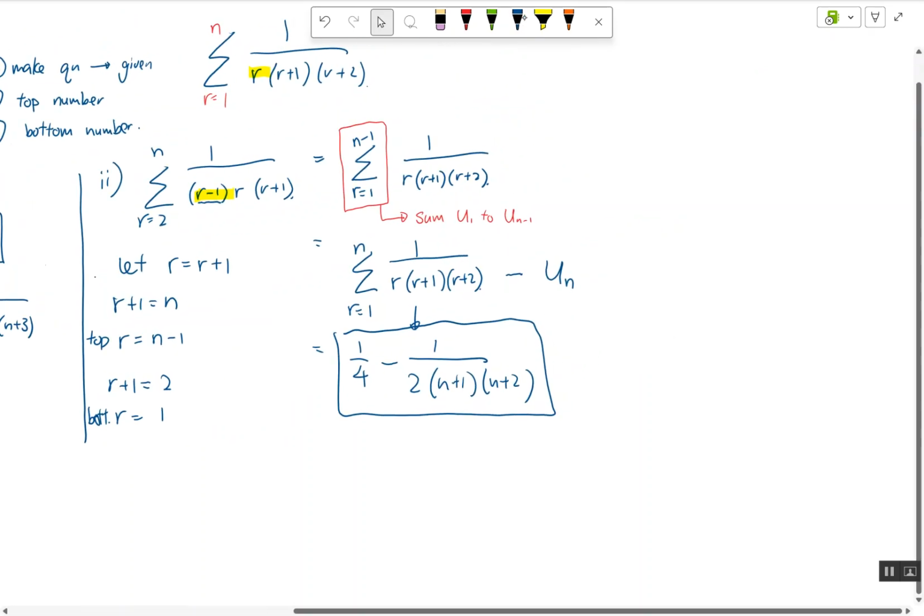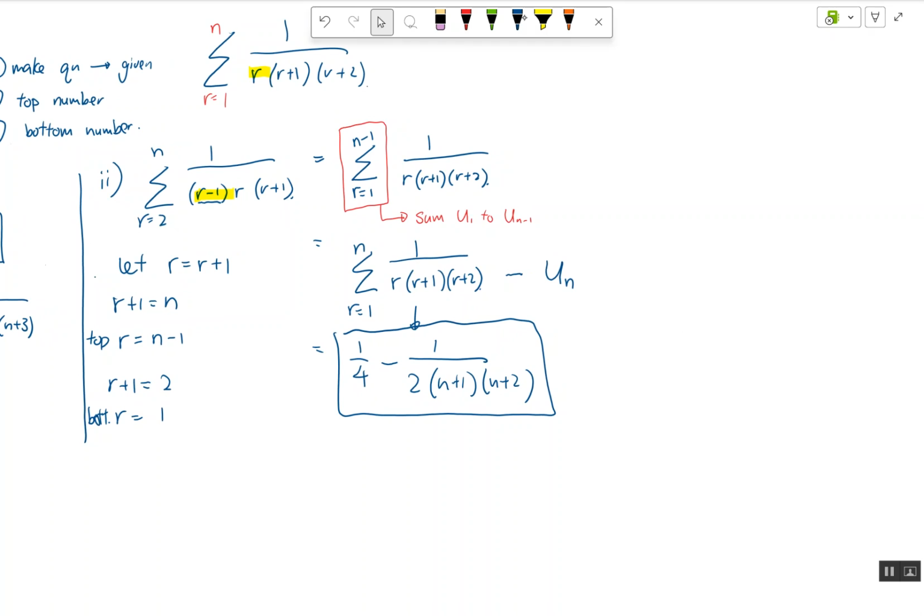So I need to minus off un, which is called the nth term. Remember, a series is an addition of the sequences. So where is the sequence? This is my sequence, my u in terms of r. So what is un? Minus 1 over n, n plus 1, n plus 2.